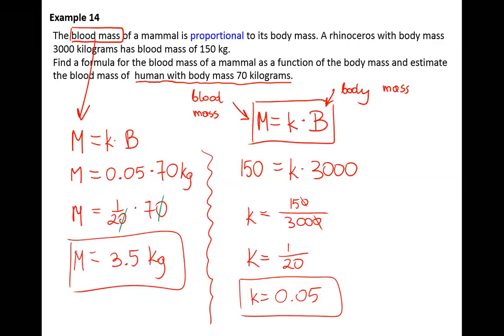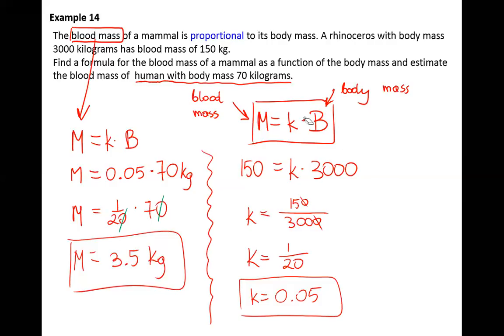We carry that amount. This was, of course, just for fun, the numbers, but it's important. I'm sorry, I was just confused because this is mass and this is mass, blood mass and body mass, and actually this is B and this is B, but I made these labels.